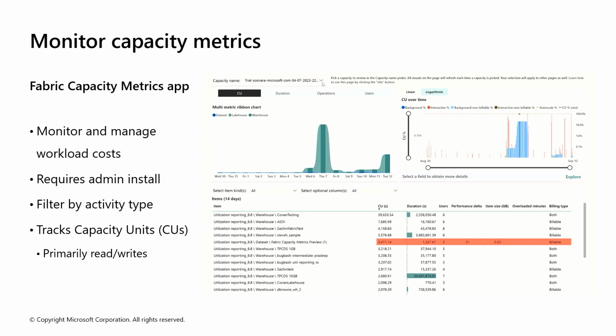The Microsoft Fabric Capacity Metrics app is an application that an administrator can install in a Fabric environment and use to monitor capacity utilization for the entire capacity. To monitor utilization related to data warehousing, you can filter the interface to show only warehouse activity.